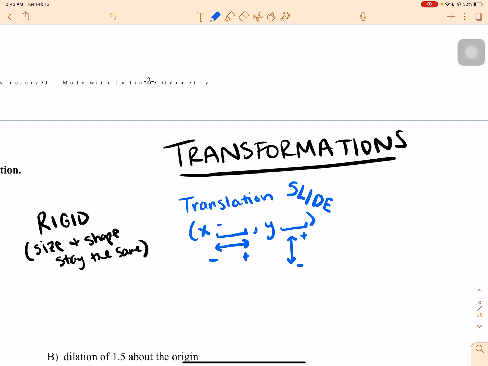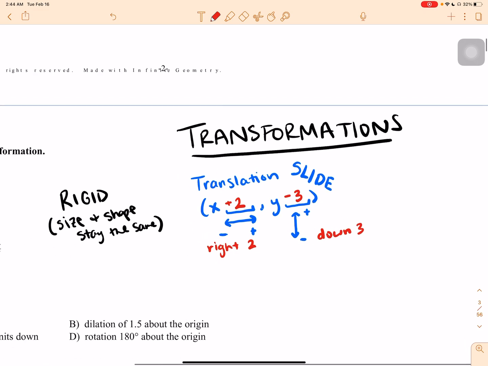So translation means you are sliding, right? So here, I'll put this in a different color. So let's say we go +2, down 3. So this would mean you go to the right 2 and down 3 from your original shape.